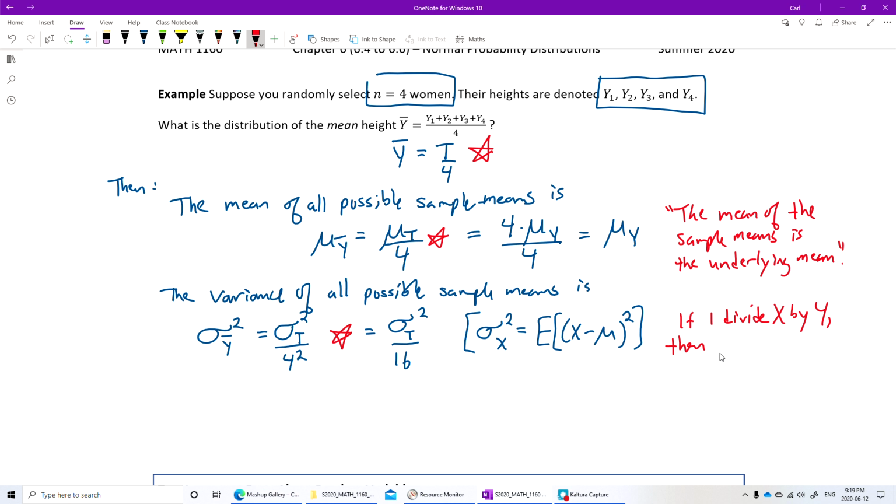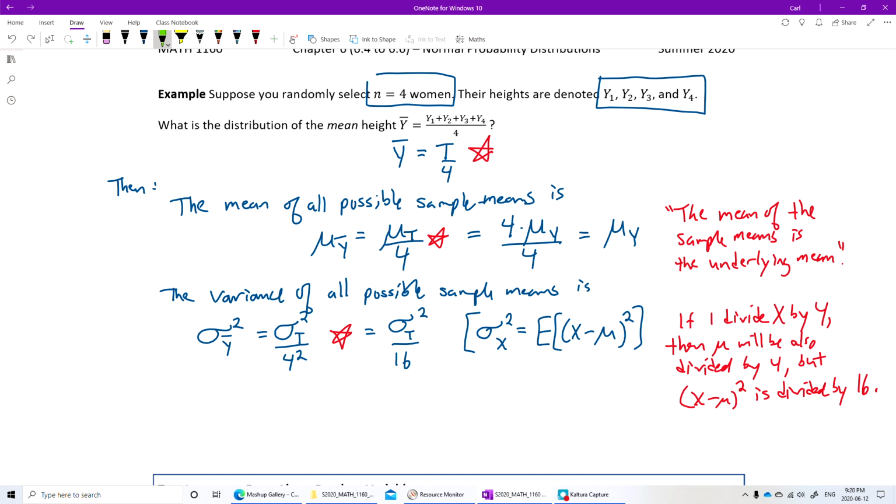The mean will also be divided by 4. But this is squared, so the result is that x minus mu squared is divided by 16. And that's because there's a square here in the definition.